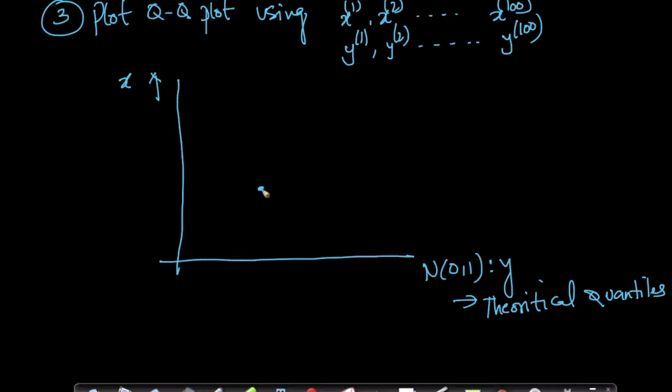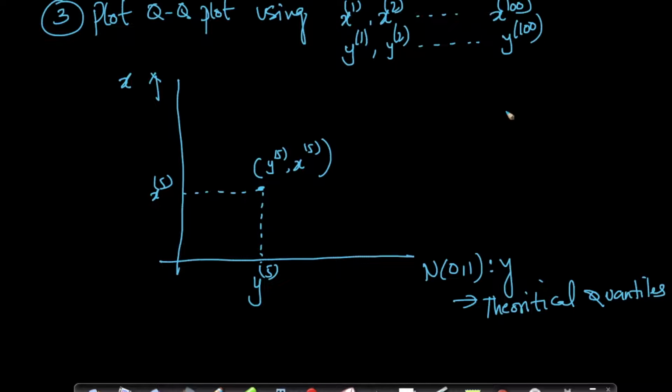Now I'll plot 100 points here as follows. Take a point: the x-coordinate for this will be y, let's say this is y5. Then the corresponding y-coordinate for this point will be x5. So this point is nothing but (y5, x5).